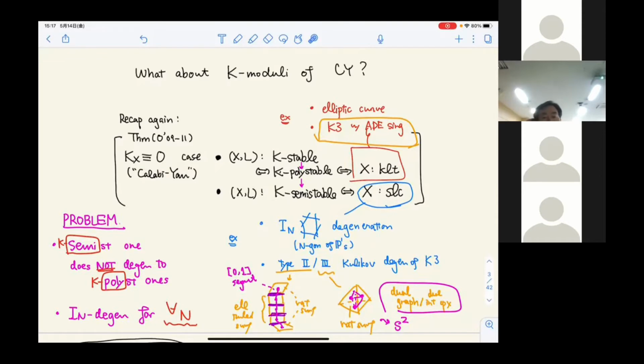So of course, the moduli of elliptic curves is just the J-line, the classical J-invariant. And so the only reasonable compactification of A1 should be P1, at least if you require the normality.